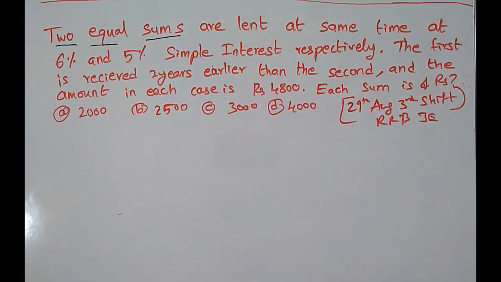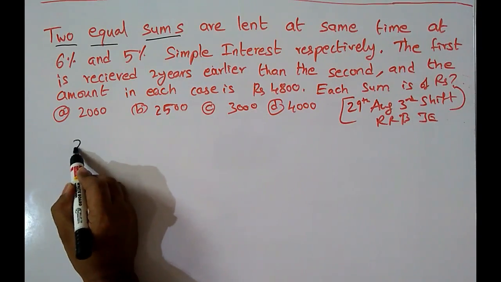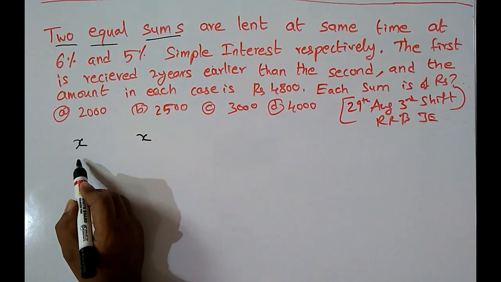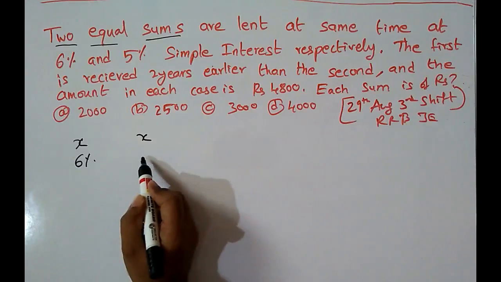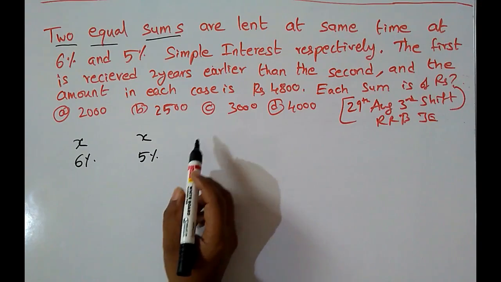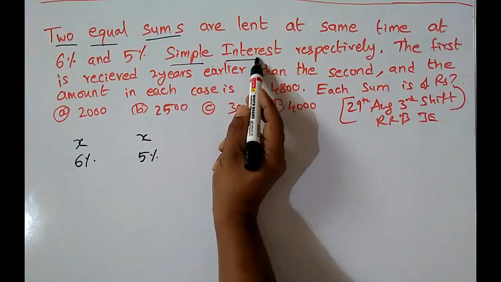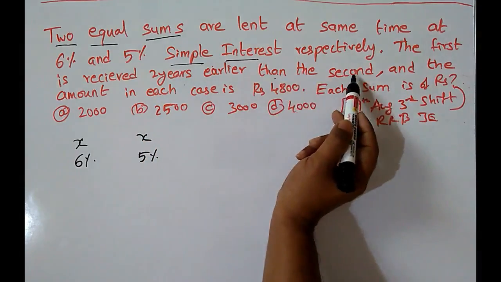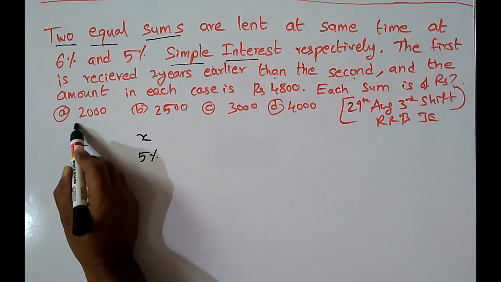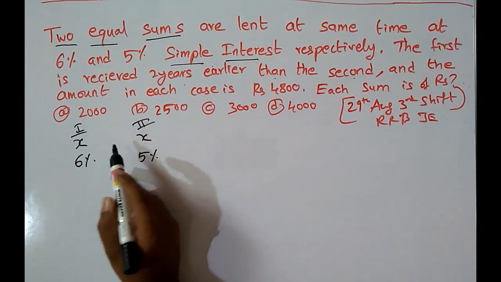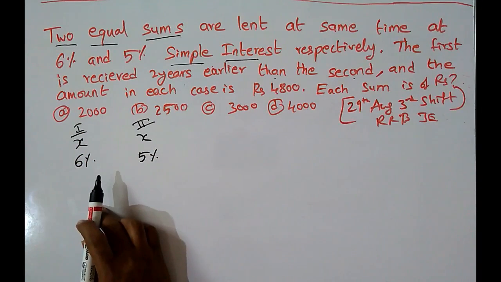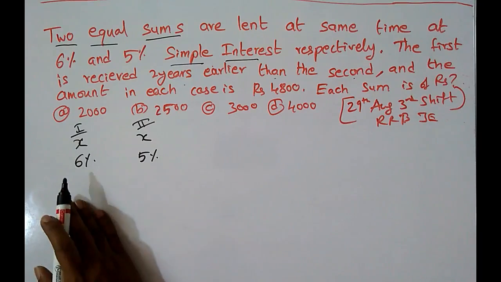Two equal sums are lent at the same time. Suppose the two equal sums are x and x. One is lent at 6% and the other at 5% simple interest respectively. The first is received 2 years earlier than the second.